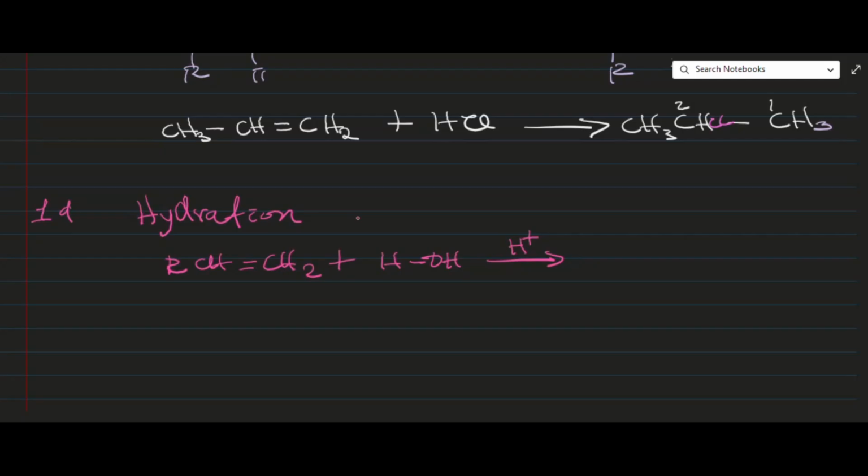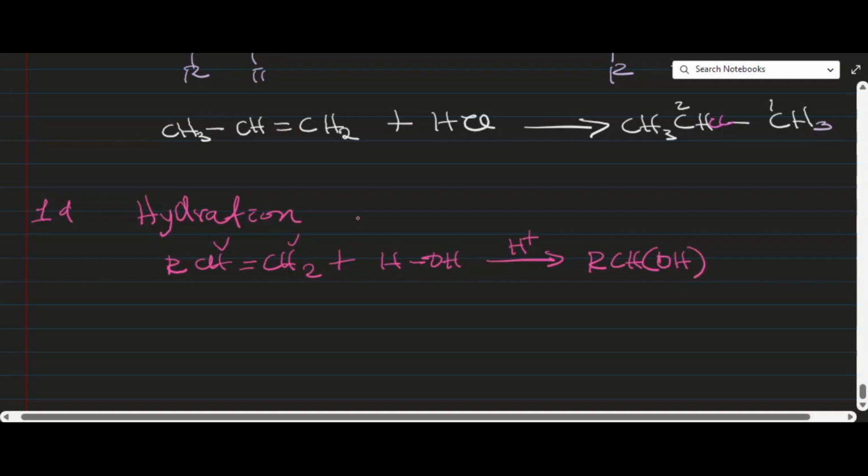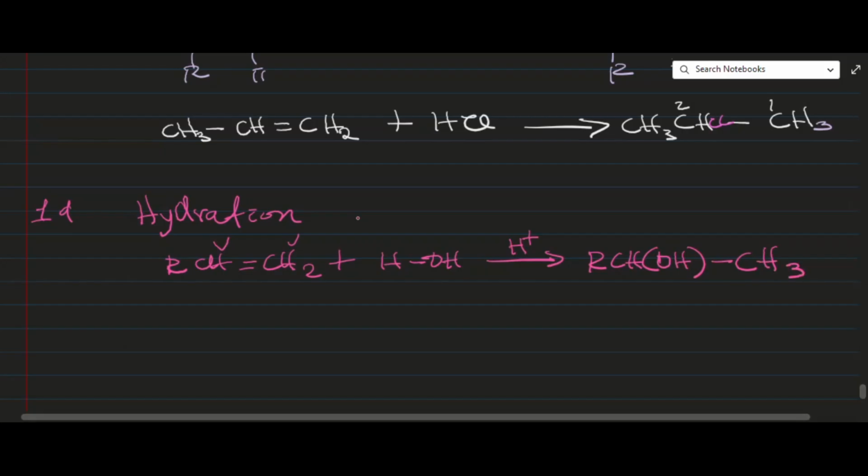So eventually, we are going to have RCH. Remember, this one has one less hydrogen, and this one has two hydrogen atoms. So it means the OH will come to the first carbon atom, and then we have a single bond and CH3. So this is our alcohol.